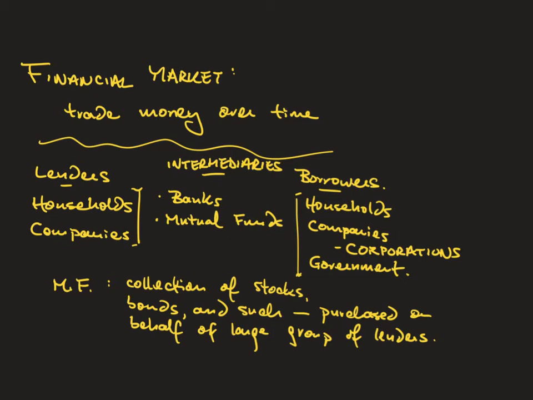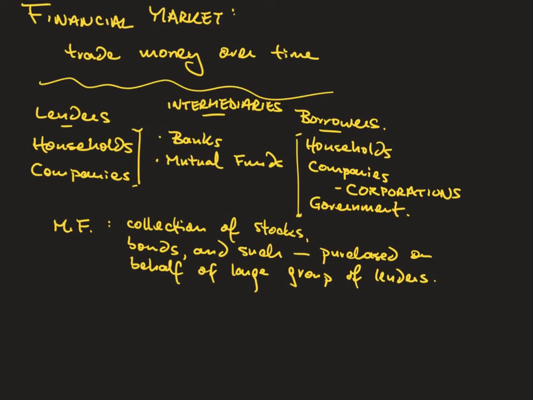My job running the mutual fund is to, on the one hand, collect money from the lenders, and on the other hand, purchase the assets, the stocks and bonds that I think are best for that group of people. There are thousands of mutual funds that you could purchase.